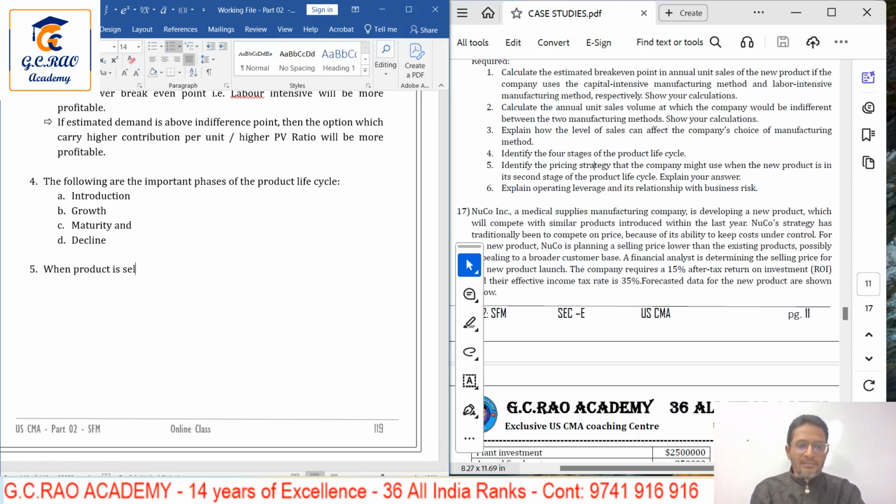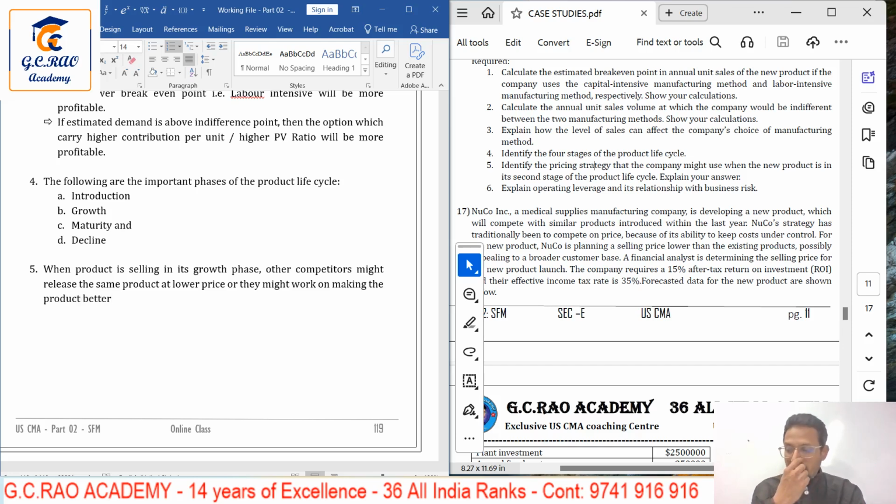When the product is selling in its growth phase, other competitors might release the same product at a lower price, or they might work on making the product better, that means good quality attributes.